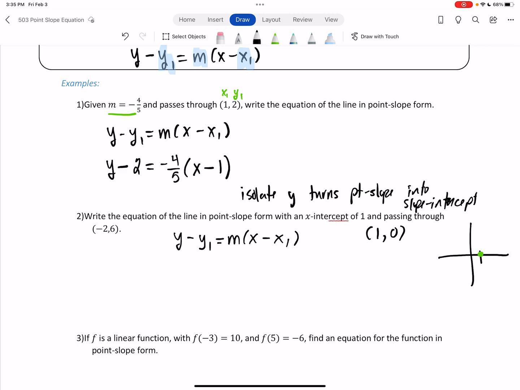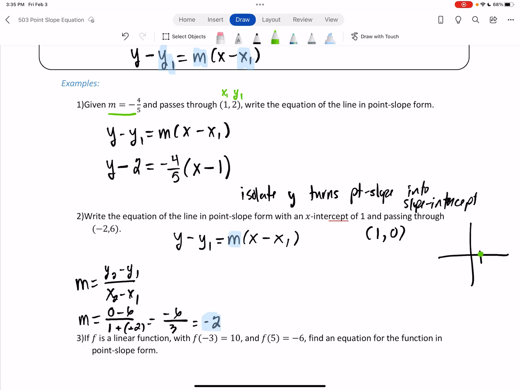So to put something in point-slope form, we need to find the slope. So y2 minus y1 over x2 minus x1. So the slope is going to be 0 minus 6 over 1 minus negative 2. So negative 6 over 3, or negative 2.